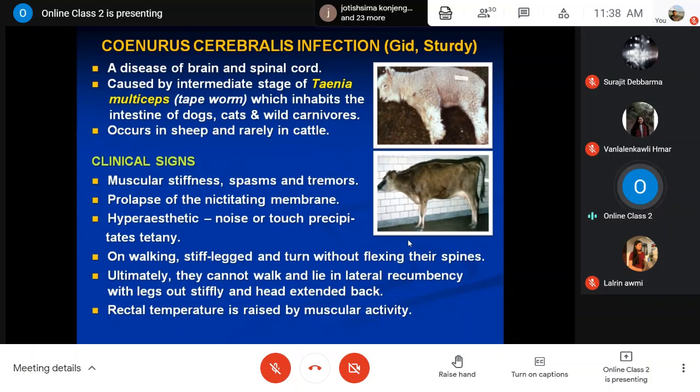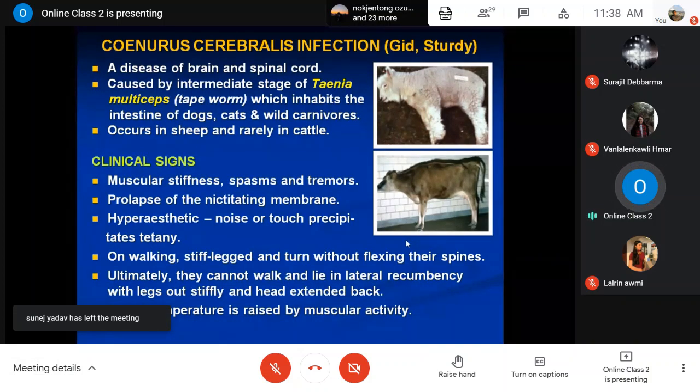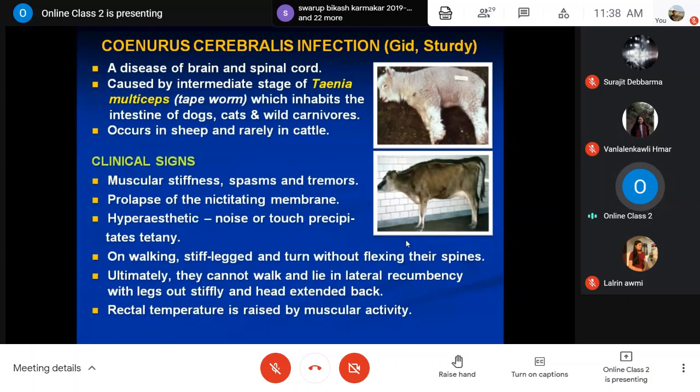If you force them to walk, the legs show very much stiffness, and they may turn without flexing their spines. Ultimately they cannot walk and lie down in lateral recumbency with legs out stiffly and head extended back, sometimes twisted. The rectal temperature is also high because of muscular activity, tremors, trembling and sometimes convulsions.